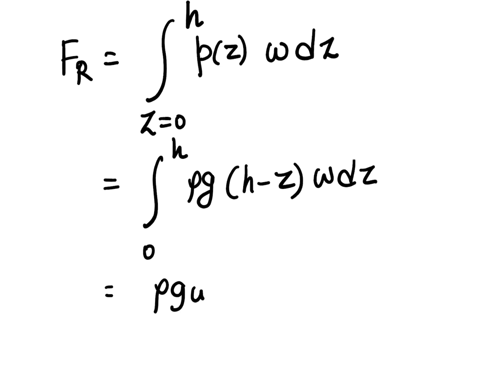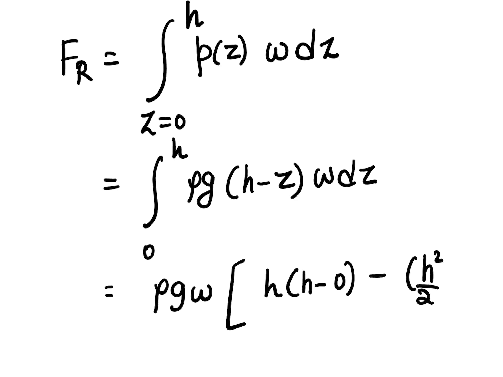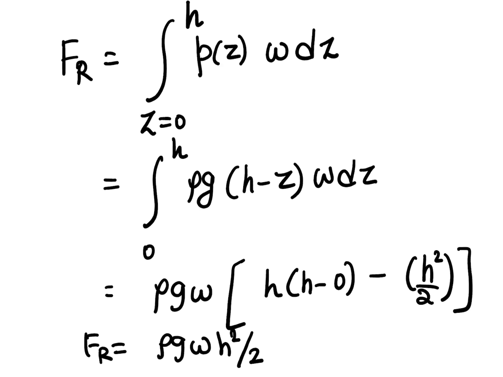So I have rho g w, I have h times h minus 0, minus h squared over 2. Okay, so what do I have here? I have rho g w h squared over 2. This is the resultant force, the magnitude of the resultant.